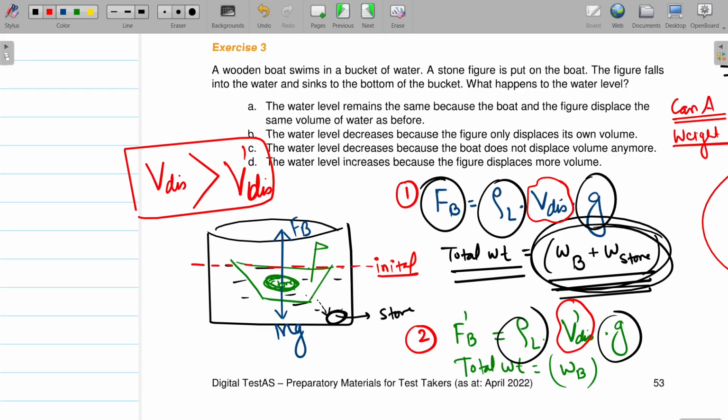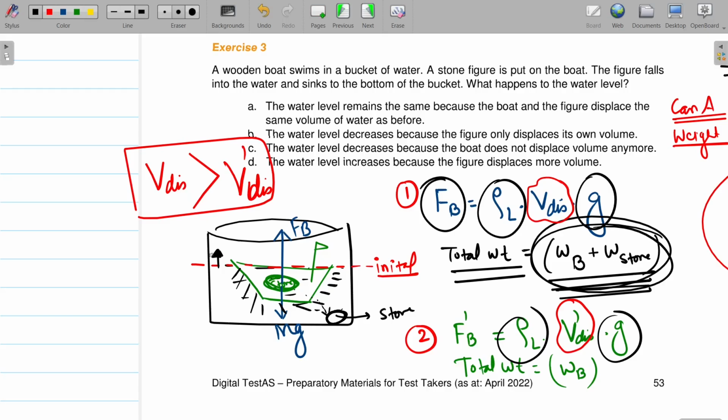Now, if you are displacing more liquid, what will happen? Obviously, the displaced liquid will take other volume. So the water level will get raised because you have displaced the volume of water. It will take some other space. So the level of water will be high.